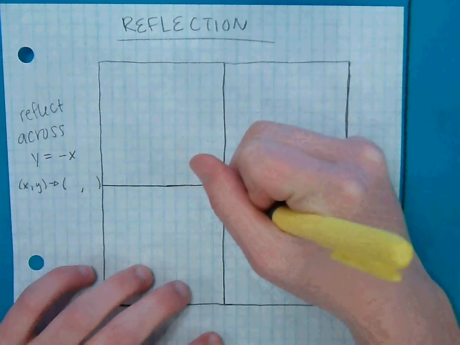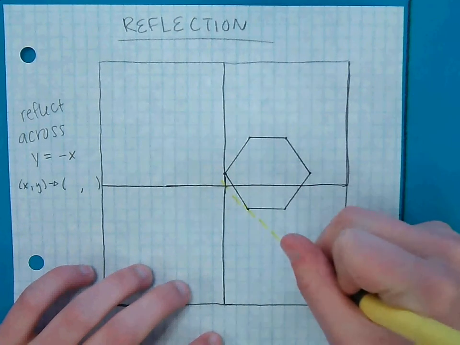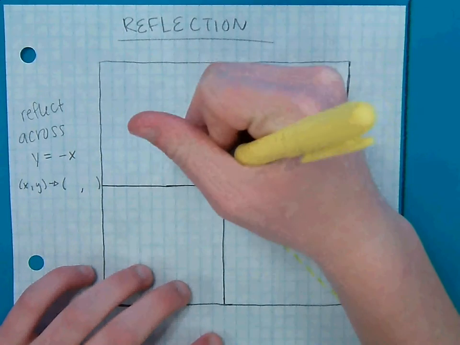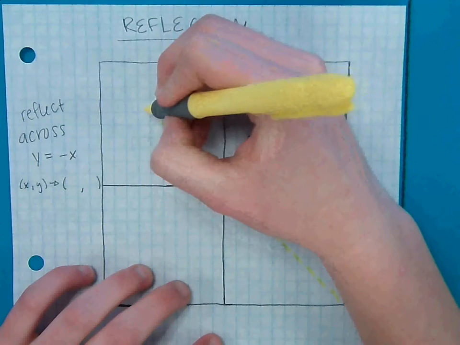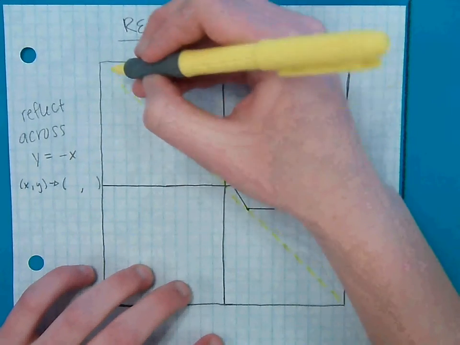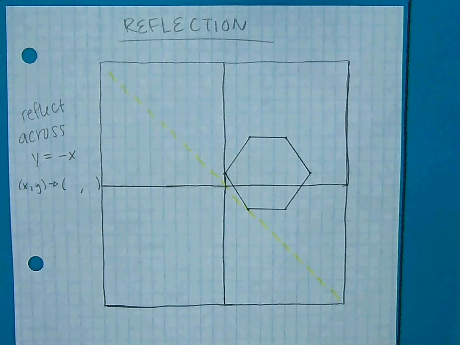This line has a slope of 1, so it's a little easier to draw than a line with a slope not 1. Alright, that is your y equals negative x.